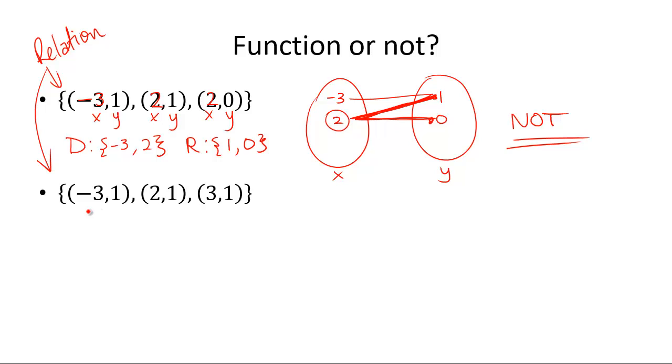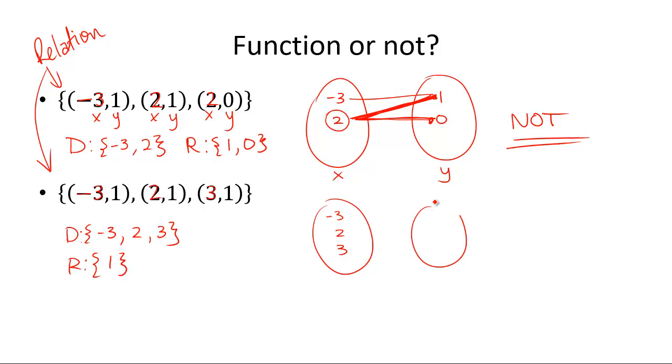Let's consider this other relation. So this one here has domain -3, 2, and 3. So we can map that out. And its range is 1 and 1 and 1.